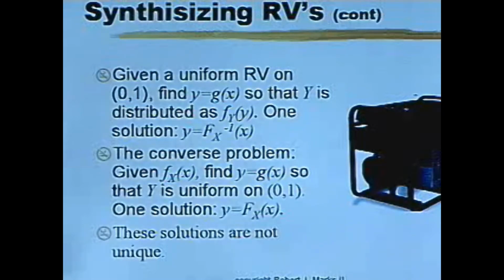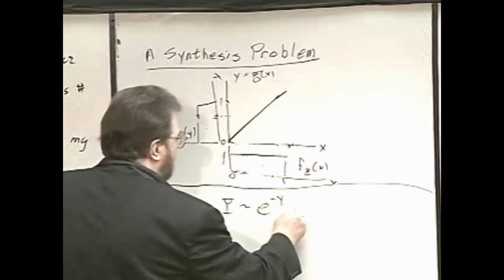Which lets me know, for example, suppose that I wanted y distributed as e to the minus y times u of y.